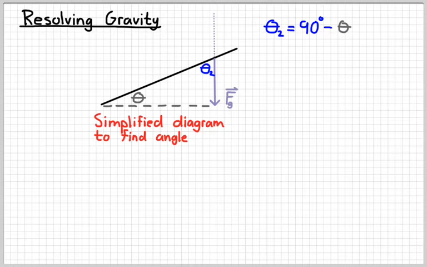If I extend that line a little bit, and then draw a line that's perpendicular to the surface, remember that's what we want our components to be, perpendicular and parallel to that surface, that line makes a right angle with the surface, meaning that the angle in between the force of gravity and the dashed red line that I drew has to be theta, since theta 2 and theta have to add up to 90.